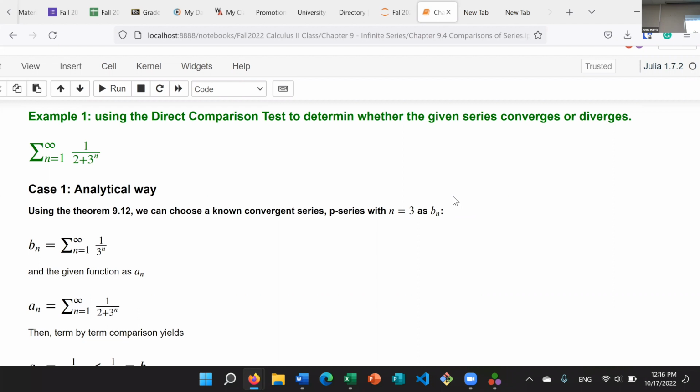This one is bigger because it has the smaller denominator. So I can say this is my B sub n and this is my A sub n. Did you see why I chose this as B sub n? It is bigger than the given series.